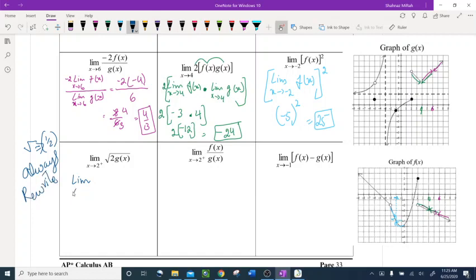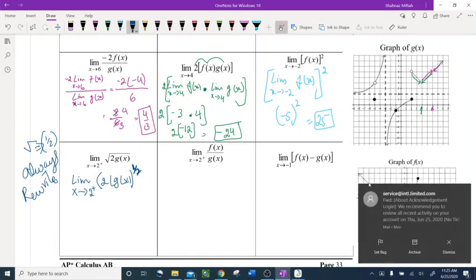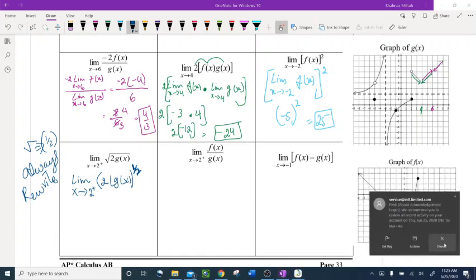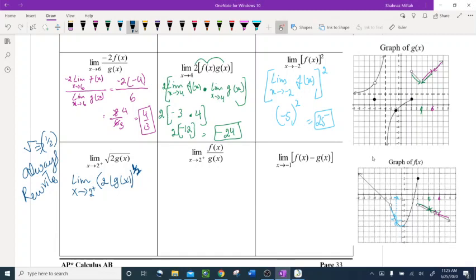So limit as x approaches 2 from the right side of 2g of x, and the whole thing is going to the power of half. Instead of square root, we write a half. That's what I'm rewriting. Okay, now let's go from there. Limit as x approaches 2 from the right.